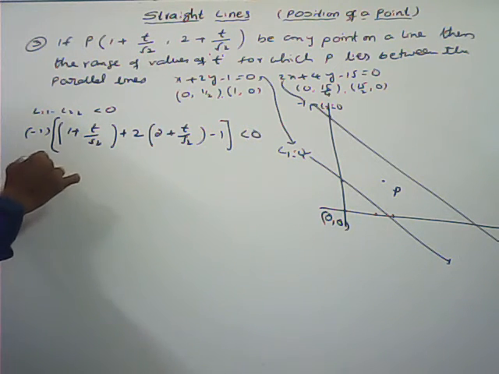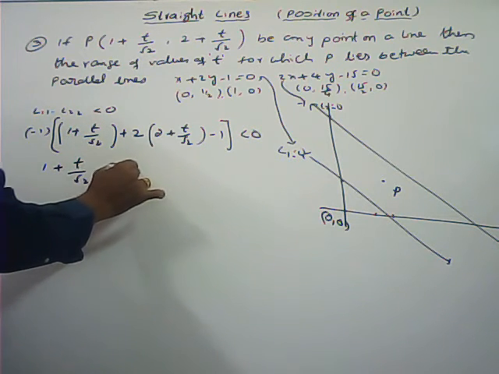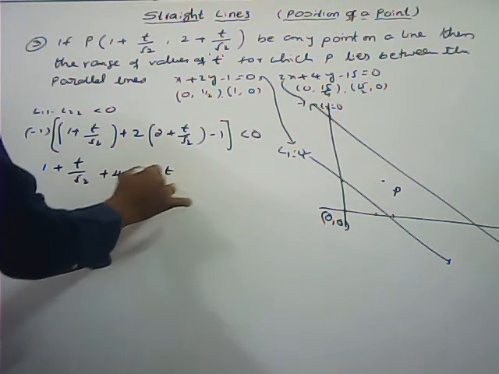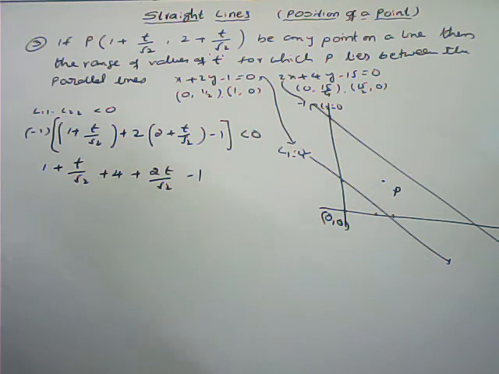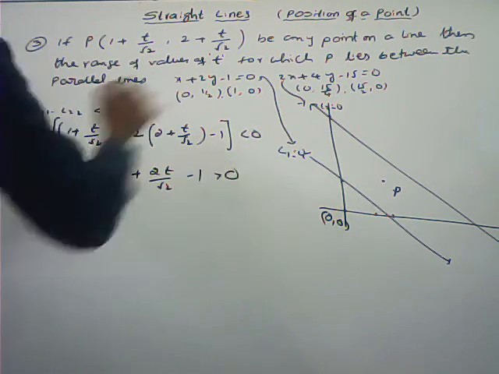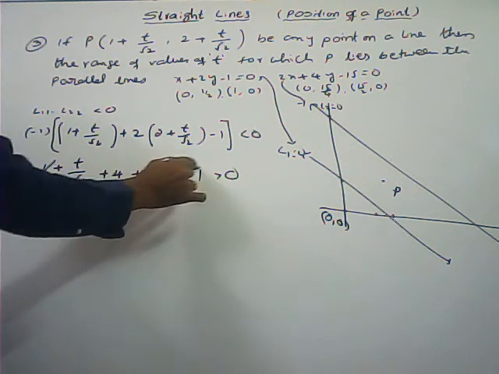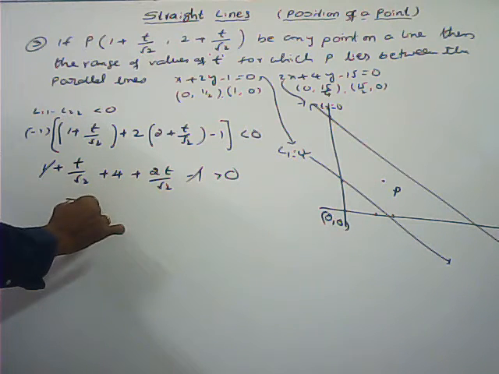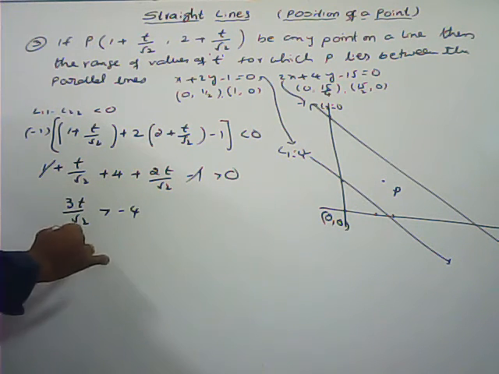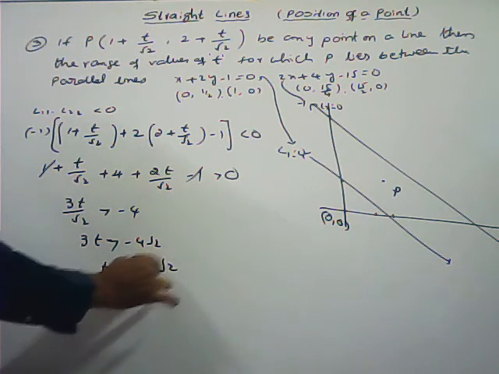Here 1 plus t by root 2 plus 4 plus 2t by root 2 minus 1 is greater than 0. This gives 3t by root 2 plus 1 minus 1, both get cancelled, greater than minus 4. So 3t is greater than minus 4 root 2, or t is greater than minus 4 root 2 by 3.